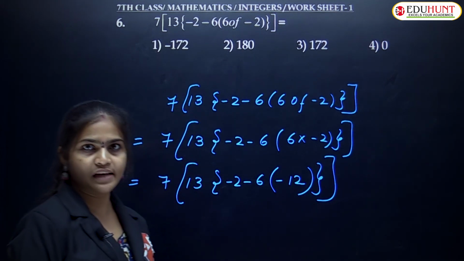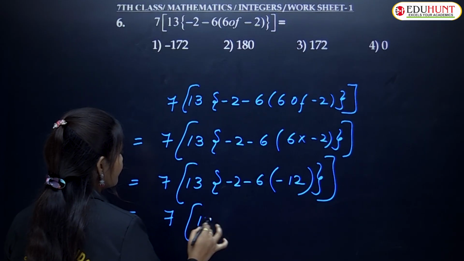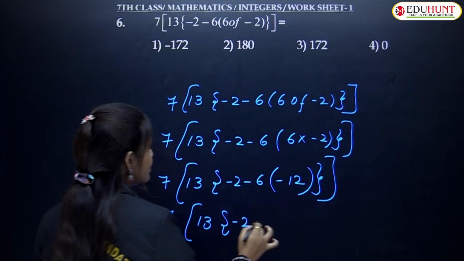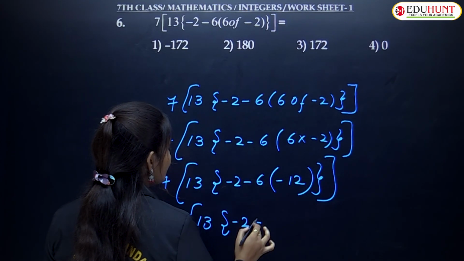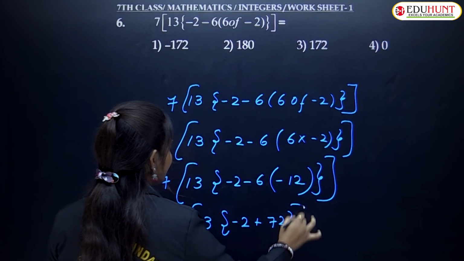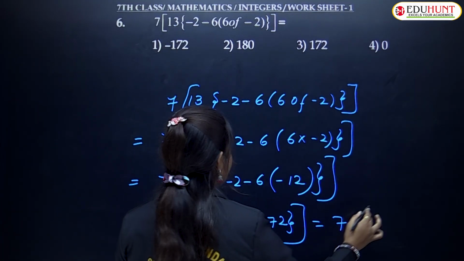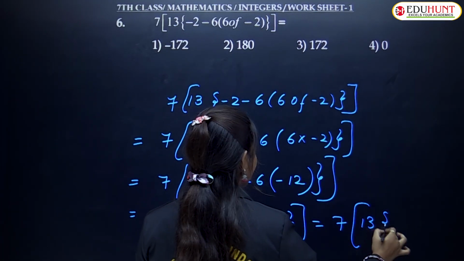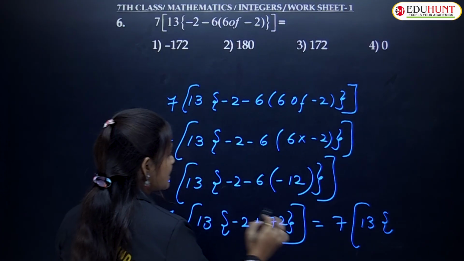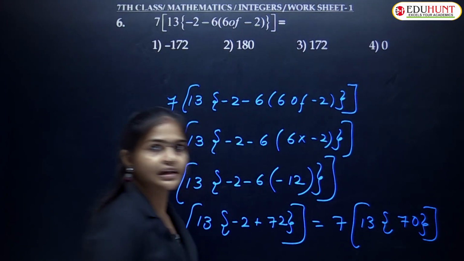This equals 7 into 13 into minus 2 minus, here minus into minus is plus, 12 6s are 72. So 7 into 13 of minus 2 plus 72, which equals plus 70. Clear?